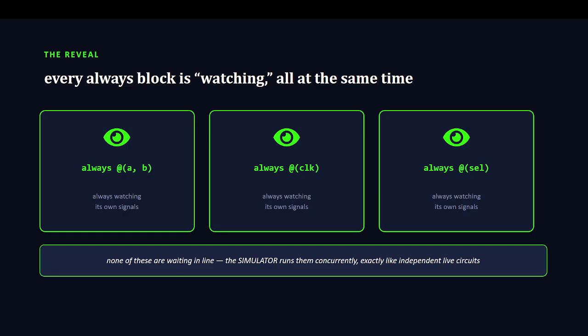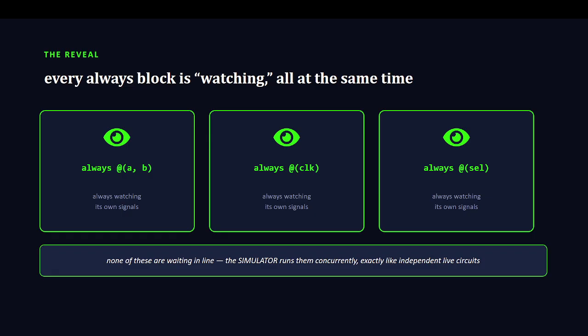But, and this is the important part, the simulator does not run them top to bottom. It doesn't finish block 1, then move to block 2, then move to block 3. All three are always watching their own trigger signals, permanently and simultaneously, for the entire duration of the simulation.